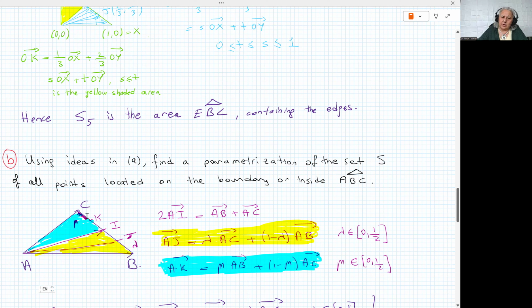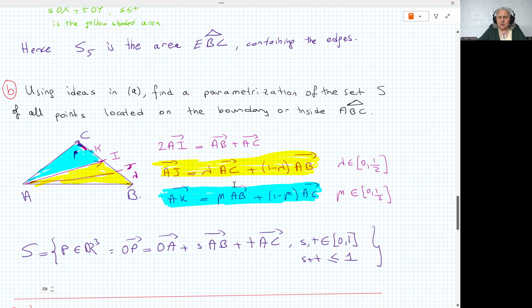So basically this blue area is the rows of the arrays here. We want all of them. We want the yellow area and we want the blue area as well.